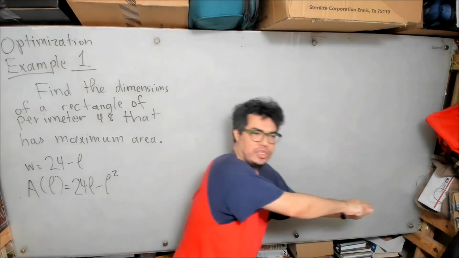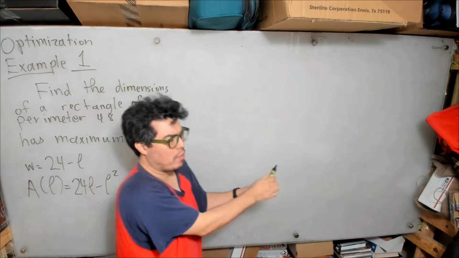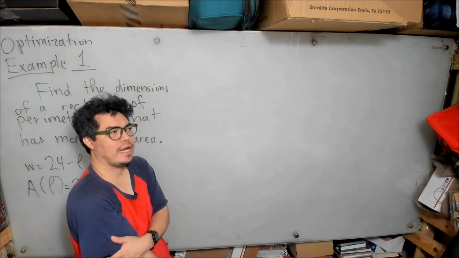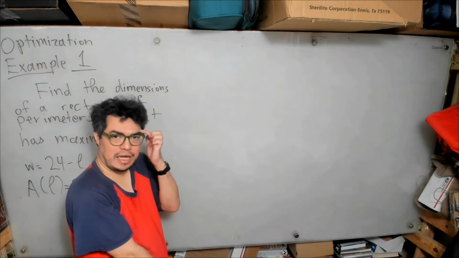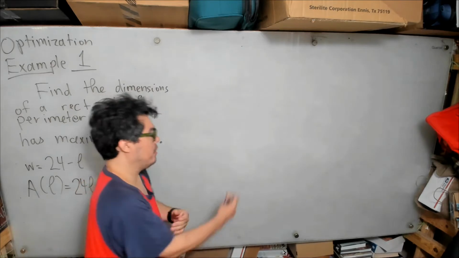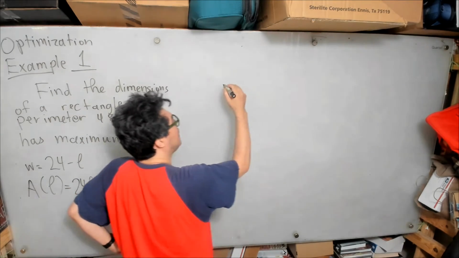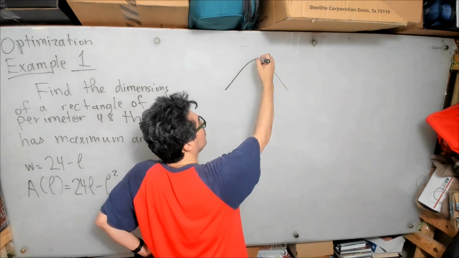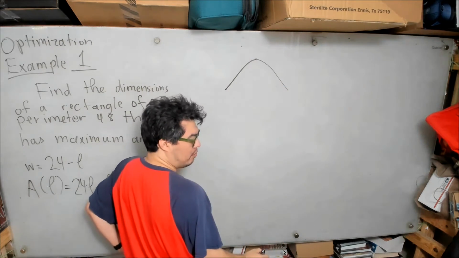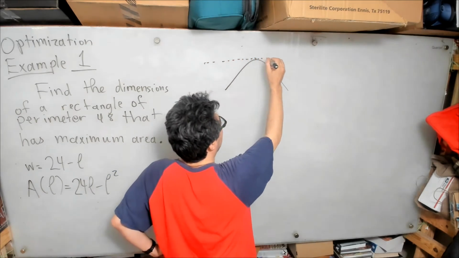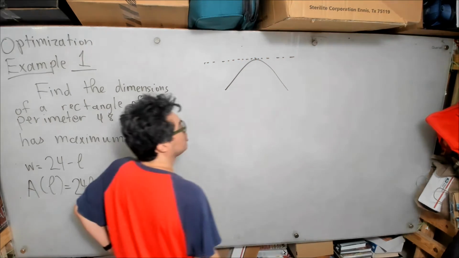Now, before we actually solve this particular problem, I just want to recap a little bit about the idea behind the first and second derivative tests that we're going to use. So, for example, if we had some function that looked like this, you can see that here, this would be a maximum. You can see that the tangent line at the maximum would be a horizontal tangent line.